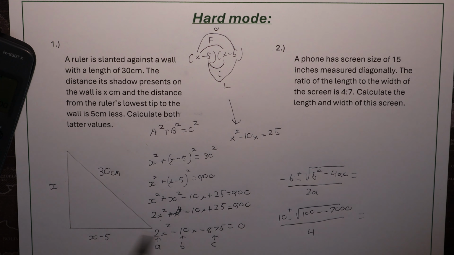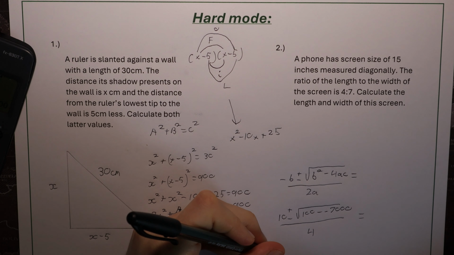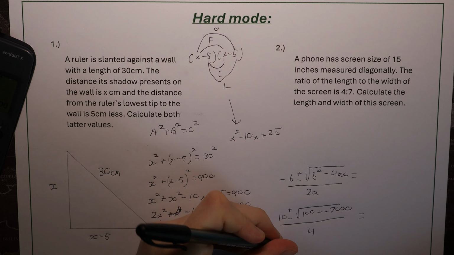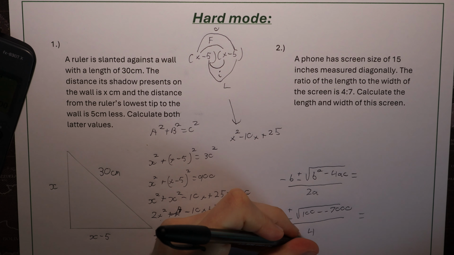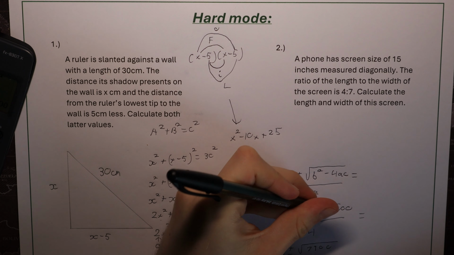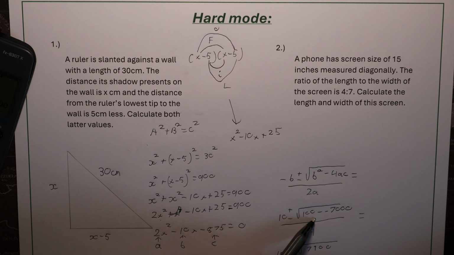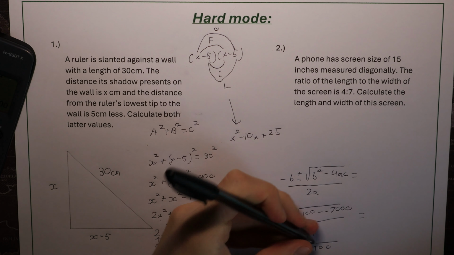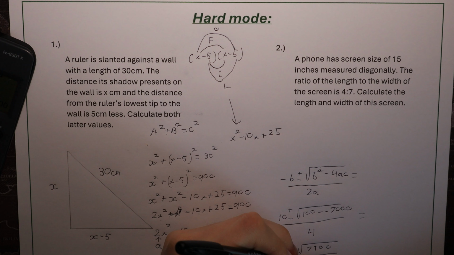We can simplify this further by saying 10 plus or minus the root of 7,100 over 4, because minus and minus here make a plus sign, plus 7,100.